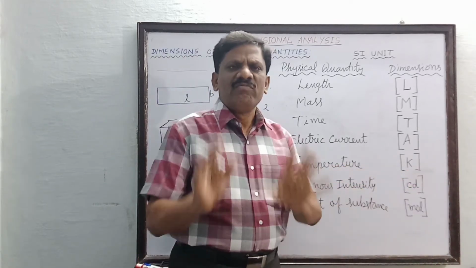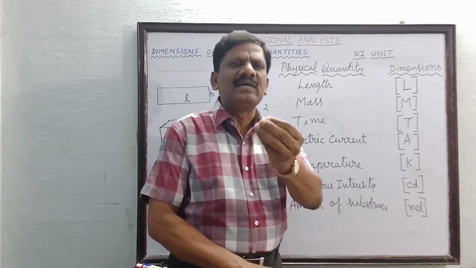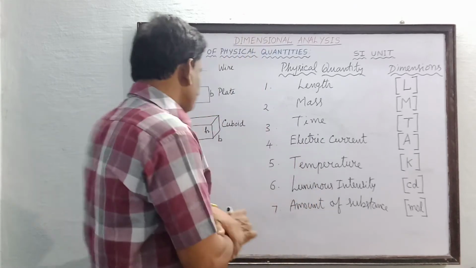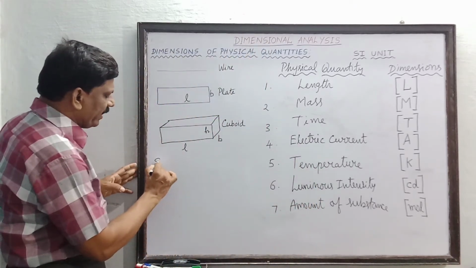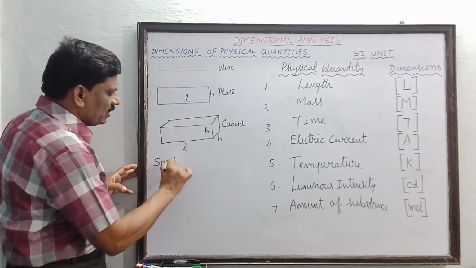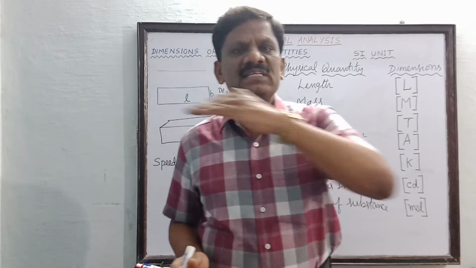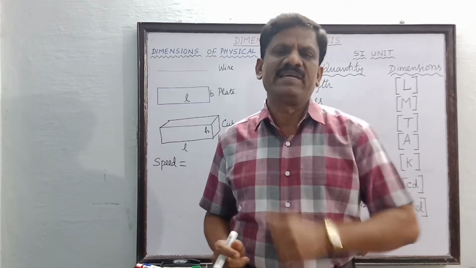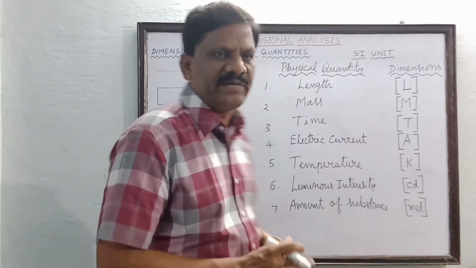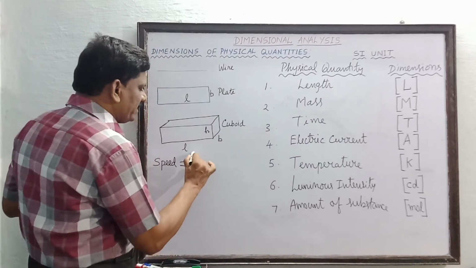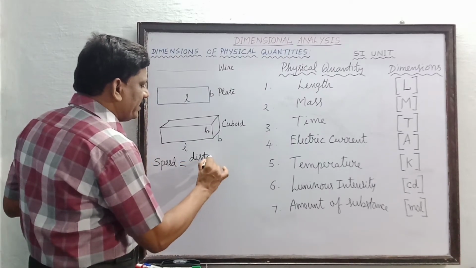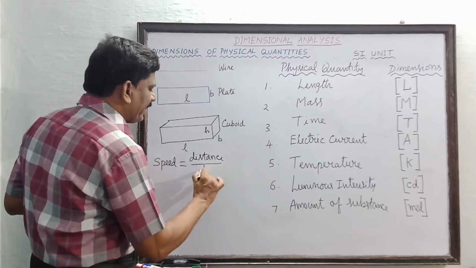Now, for example, let us take one physical quantity, speed. How do you define speed? Speed is distance traveled divided by time, distance traveled per unit time. So speed equals distance divided by time.